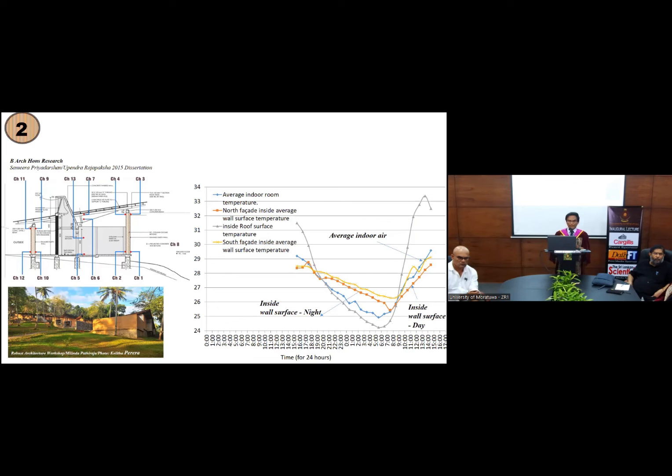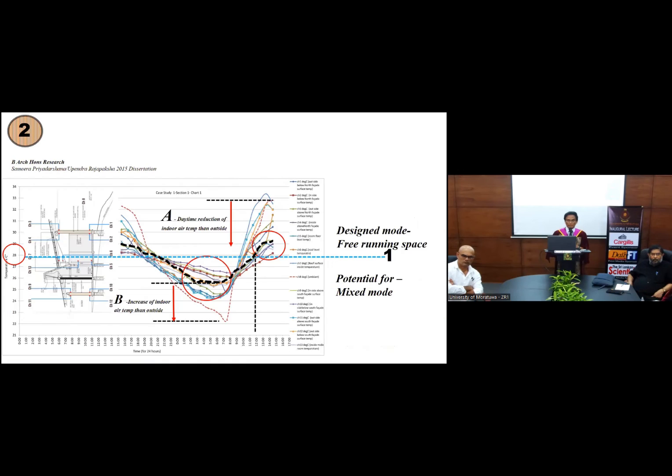All the different lines show different areas, because this research involved a thermal performance investigation of several walls, measured at several points and then averaged into single figures, and it shows how thermal mass works. It drops with the climate.